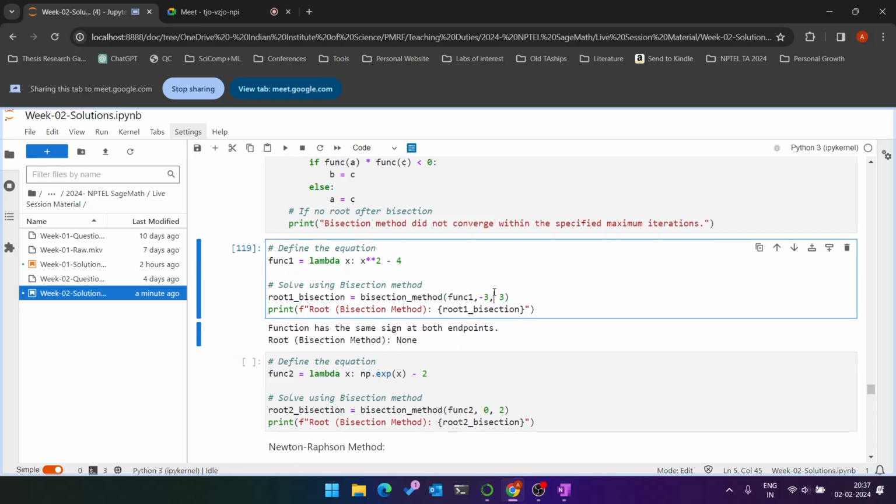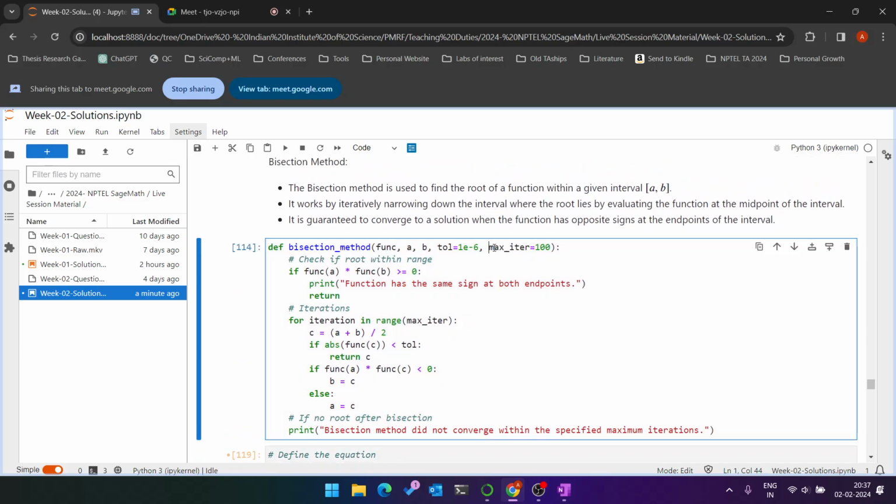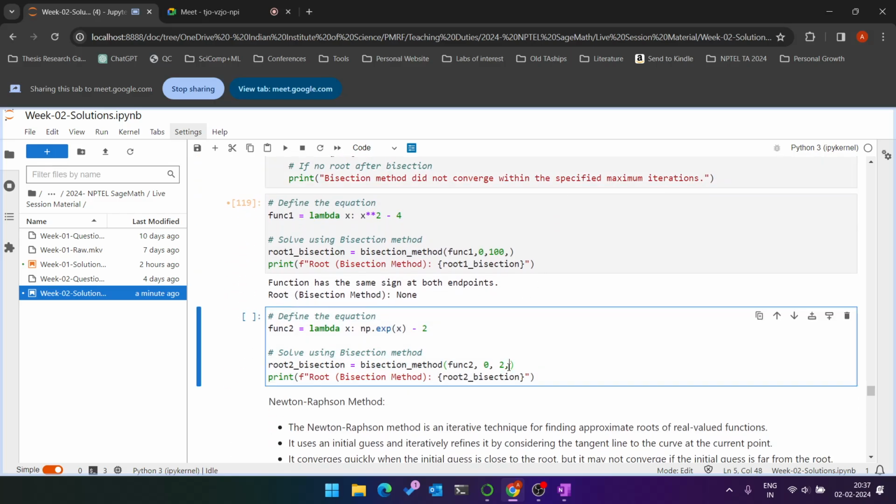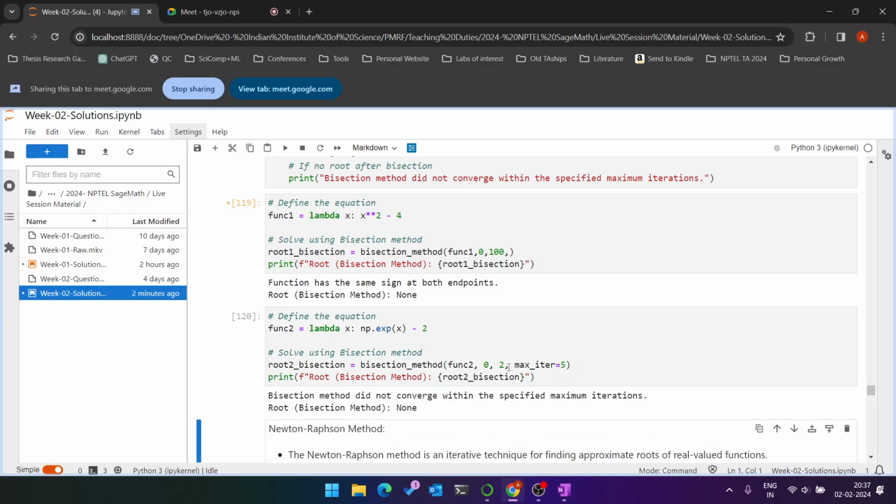Another thing I could do is, suppose I want to find the roots between 0 and 100, where I specify my maximum iteration to be a small value. Suppose I only want to run for 3 iterations or 5 iterations. What happens here? You see that our method has not converged.